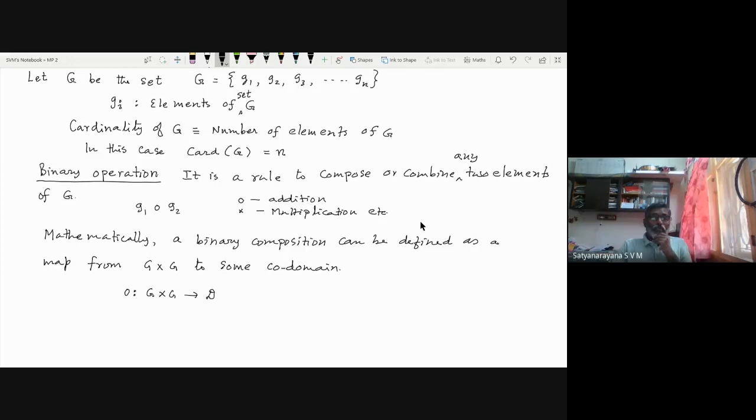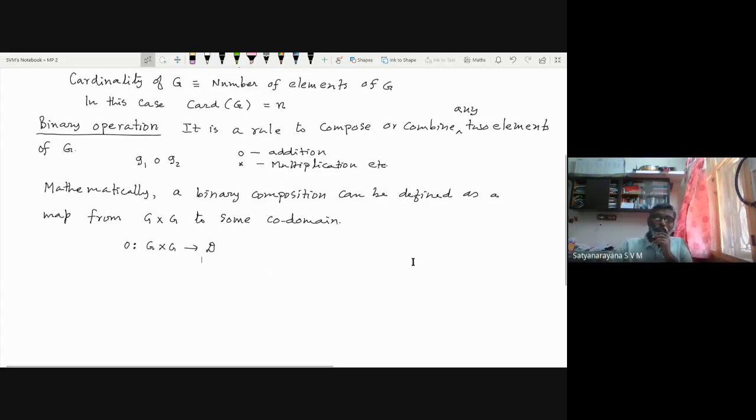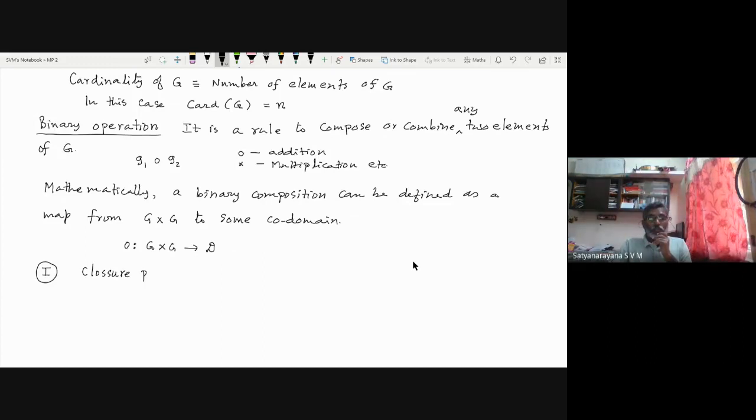Now we have a very important structure that we are going to define, and this is what I will call the first axiom of this one, that this is called closure property. Closure property. Okay, what do we mean by a closure property?